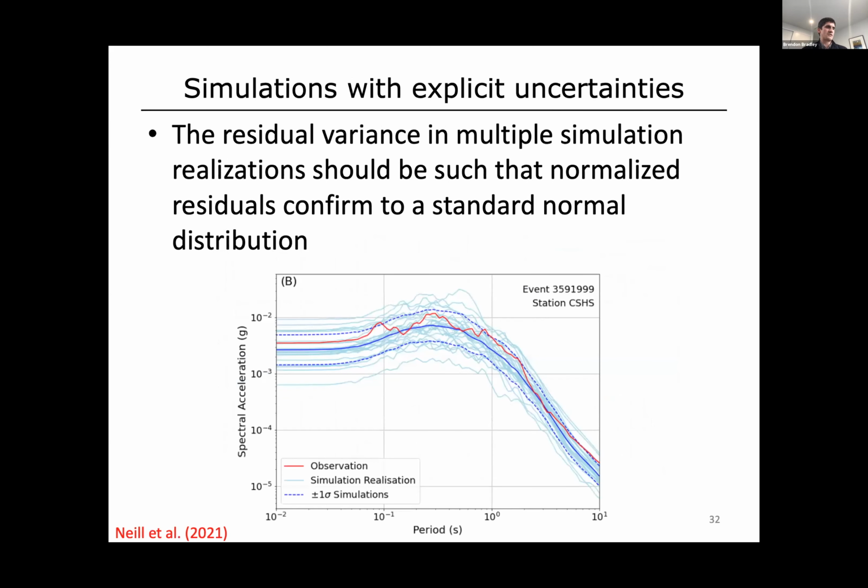So what we really want is something that's highlighted here, for example, where we have multiple realizations of the simulation due to realizations of the parameters, for example, and then we try and ensure that that ensemble of simulation realizations has the appropriate uncertainty relative to the observation.